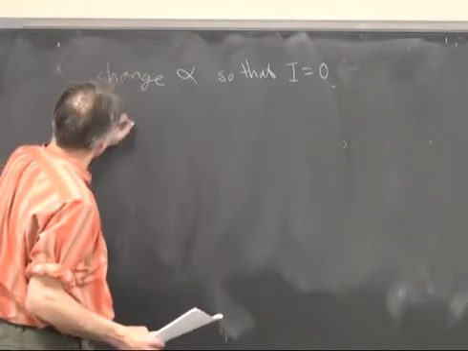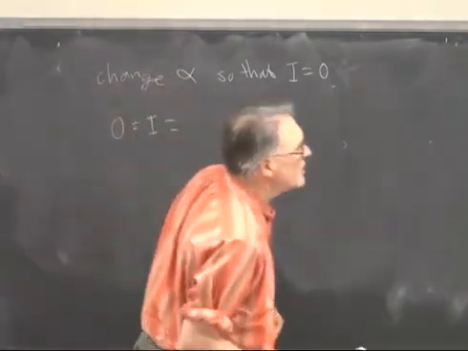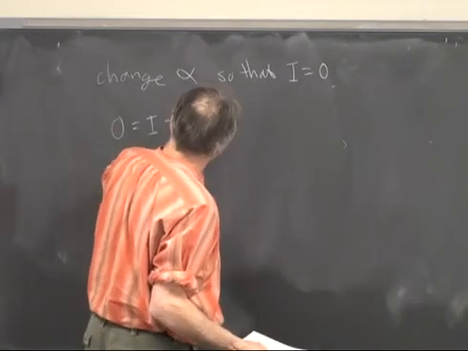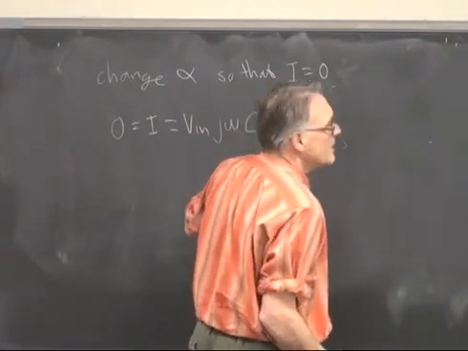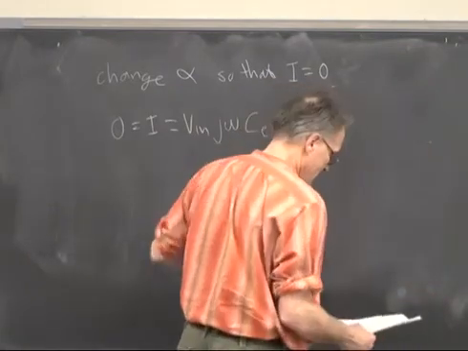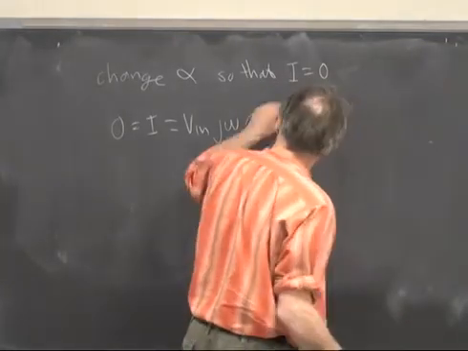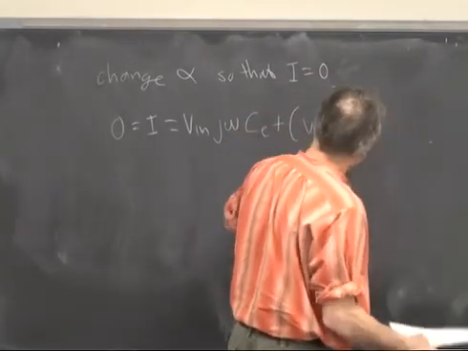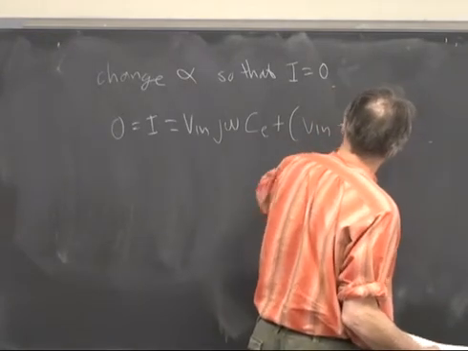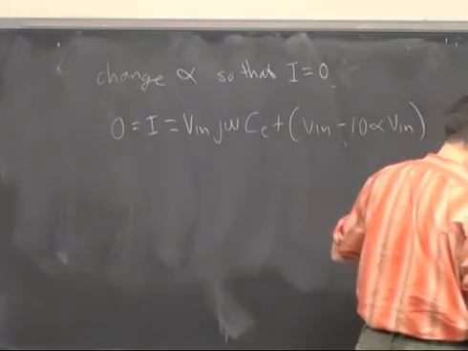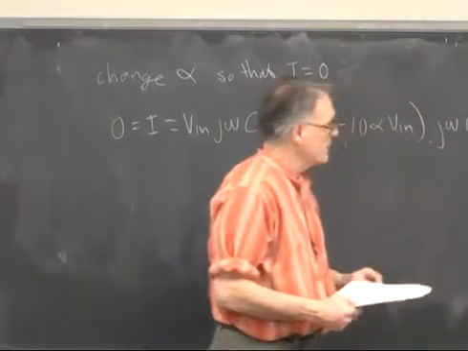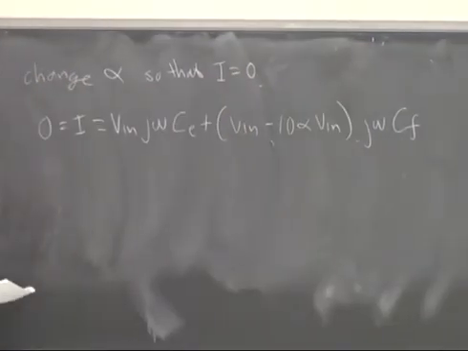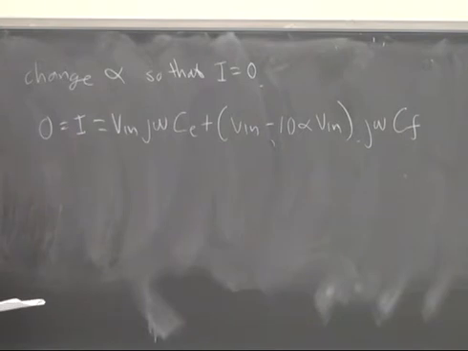So 0 equals I equals V in j omega CE plus V in minus 10 alpha V in times j omega CF. Well, we can simplify this quite considerably.